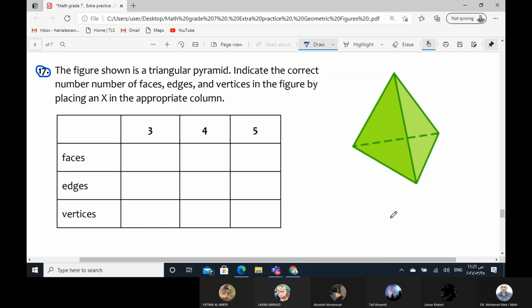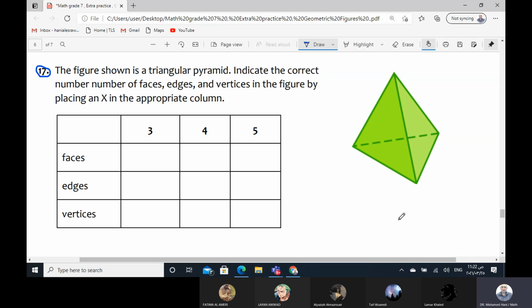Can I read? Okay, Leah. The figure shown is a rectangular pyramid. Indicate the correct number of faces, angles, and vertex in the figure by placing an X in a coordinate column. Okay.